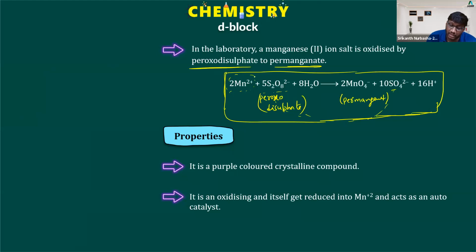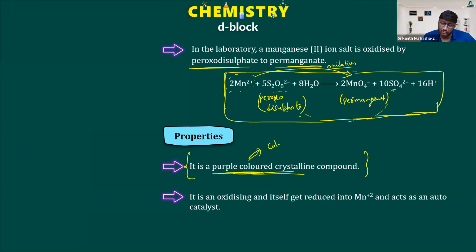The manganese went from the +2 state to the +7 state. That means it has undergone oxidation. So which is oxidizing Mn+2? The peroxodisulfate. So peroxodisulfate oxidized Mn+2 and converted it to MnO4-, which is permanganate, and it is purple colored. Again, why is it showing color?